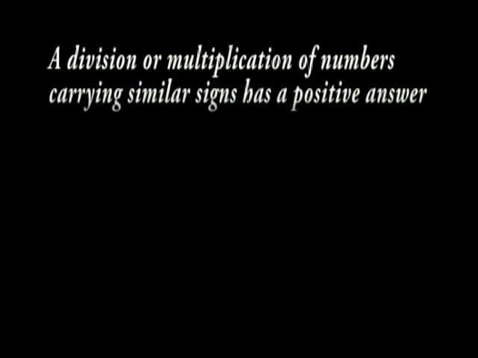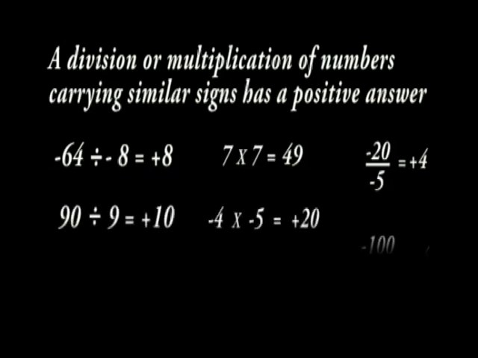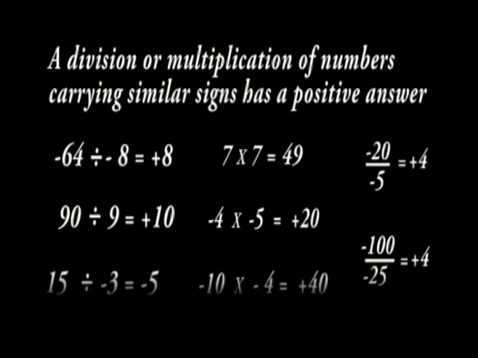For example, minus 64 divided by minus 8, the answer is plus 8. 90 divided by 9, the answer is 10. Minus 15 divided by minus 3, the answer is plus 5.